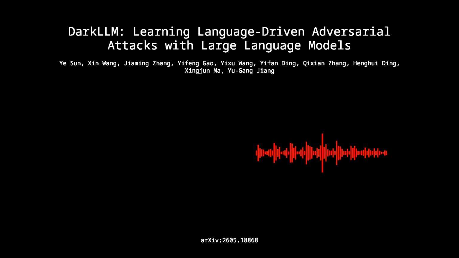Today we are deconstructing a newly published arXiv paper that basically flips that entire methodology on its head. It's a fascinating read. It is. The paper is DarkLLM, Learning Language-Driven Adversarial Attacks with Large Language Models, by Yifeng and researchers from Fudan University, Nanyang Technological University, and Tongji University.